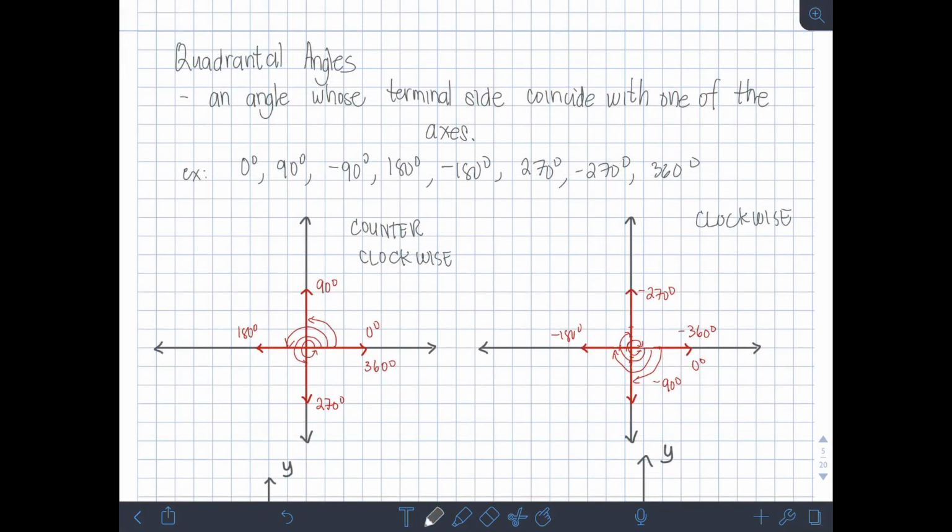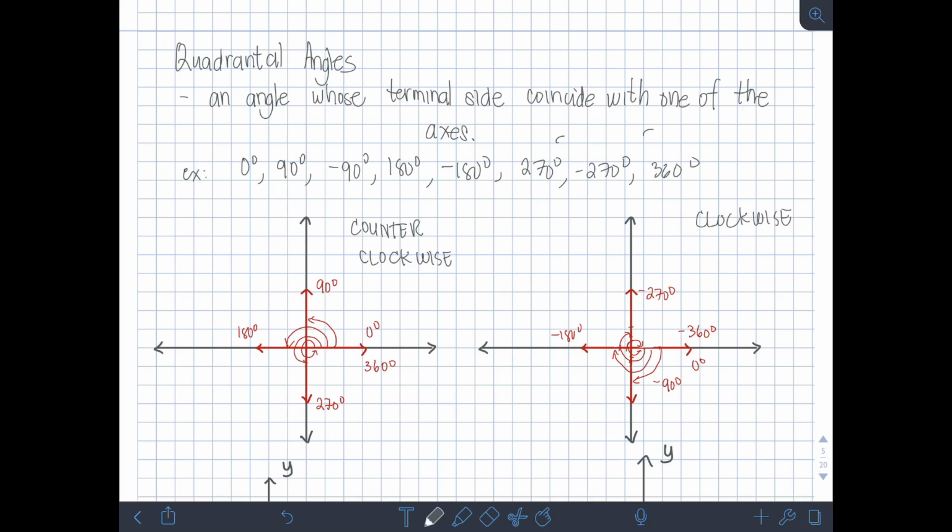Okay? Now, meron tayong tinatawag na quadrantal angles or angle whose terminal side coincide with one of the axes. So, example, 0 degree, 90 degree, negative 90 degree, 180 degree, negative 180 degree, 270 degree, negative 270 degree, at 360 degree. So, ibig sabihin daw, yung terminal position nung angle in standard position ay nandoon sa isa sa axis.